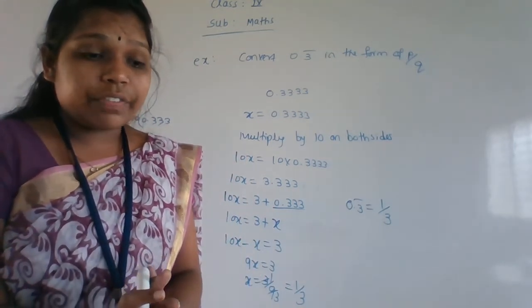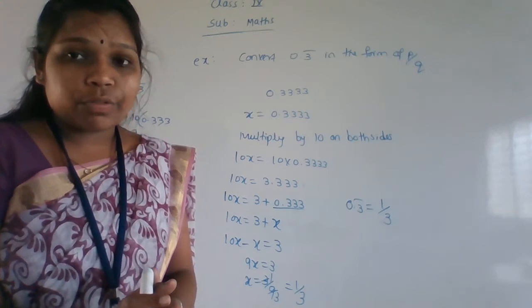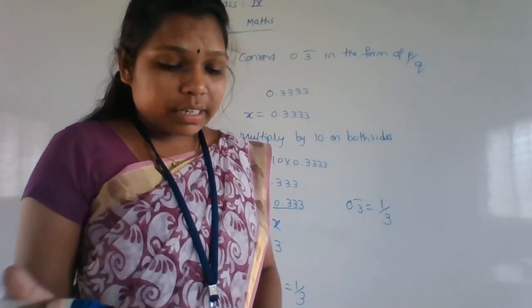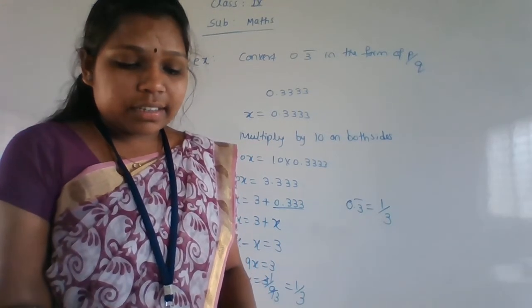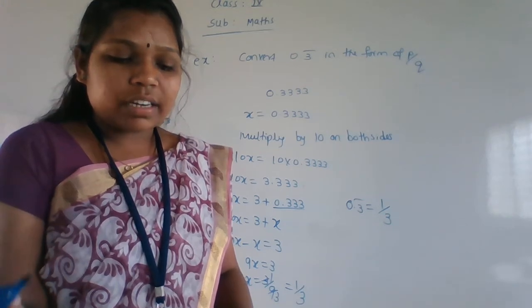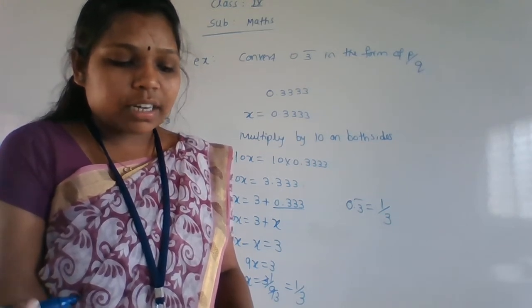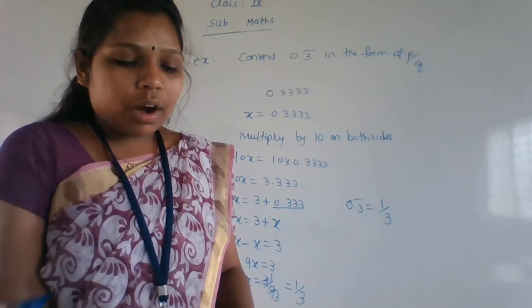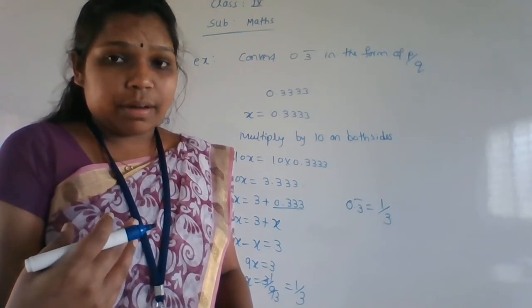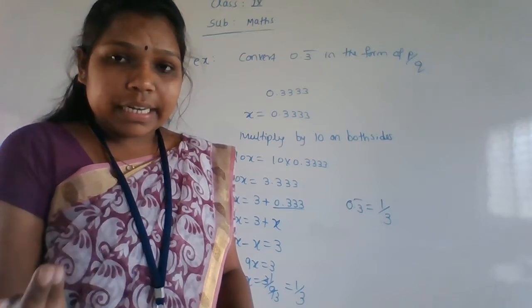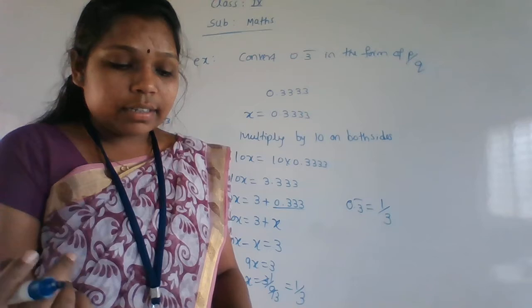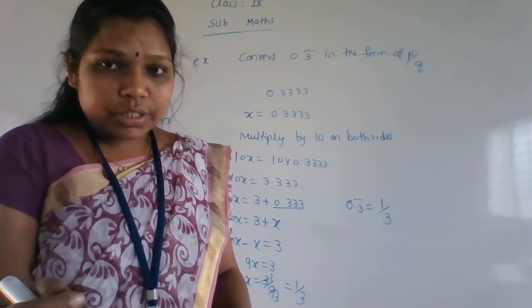One more definition I gave, not the p by q form: a rational number is either terminating or non-terminating and recurring. Moreover, the number whose decimal expansion is terminating or non-terminating recurring is called a rational number.